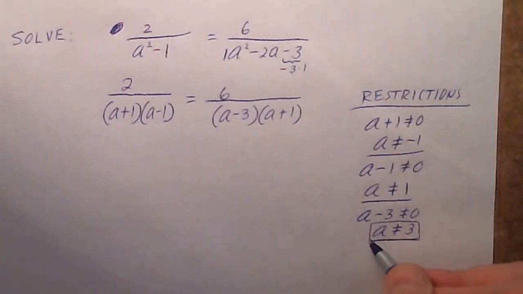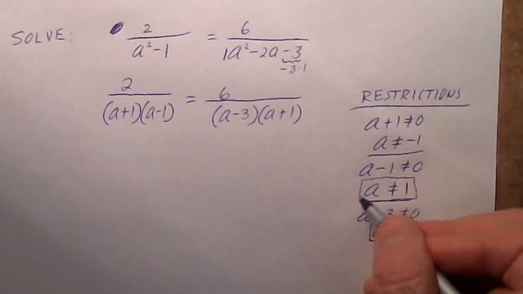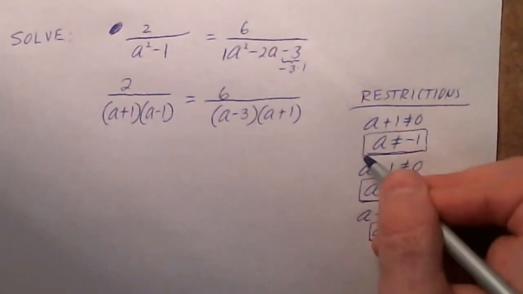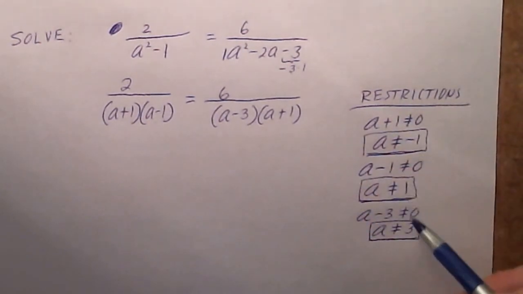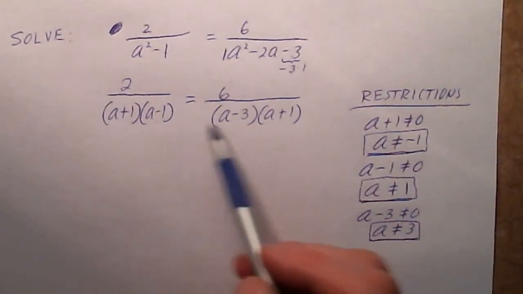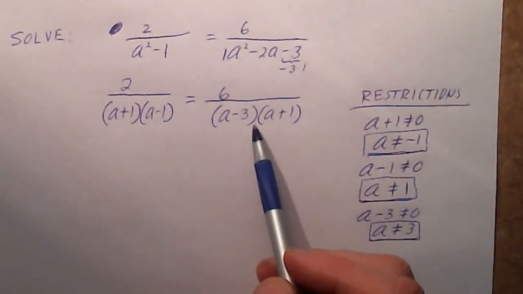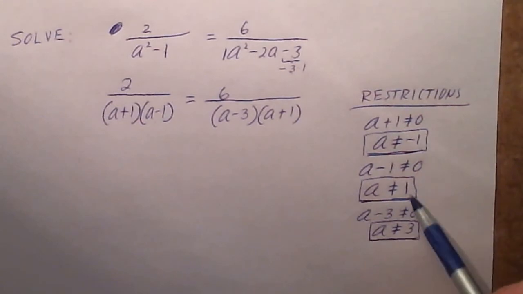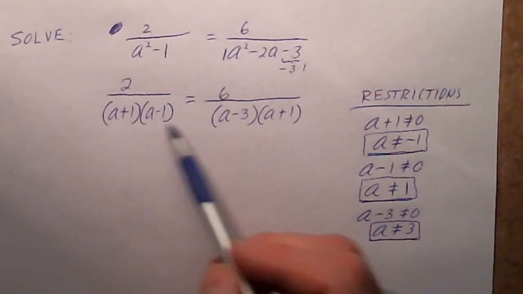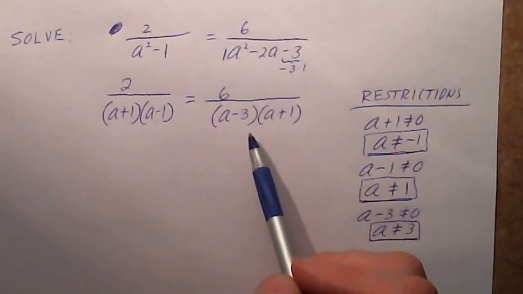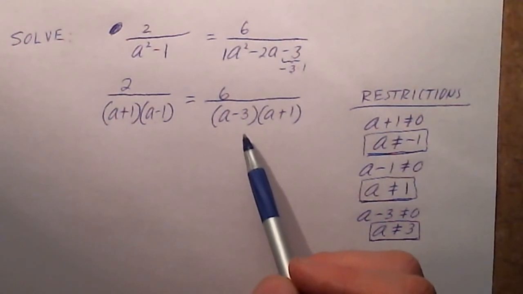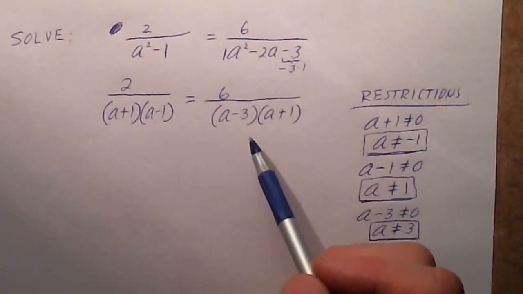A better never be equal to 3, or 1, or negative 1. Because if a takes on any of these values, then this rational equation is undefined, because at least one of our denominators in the equation becomes 0. And we will be performing division by 0, and division by 0 means undefined.